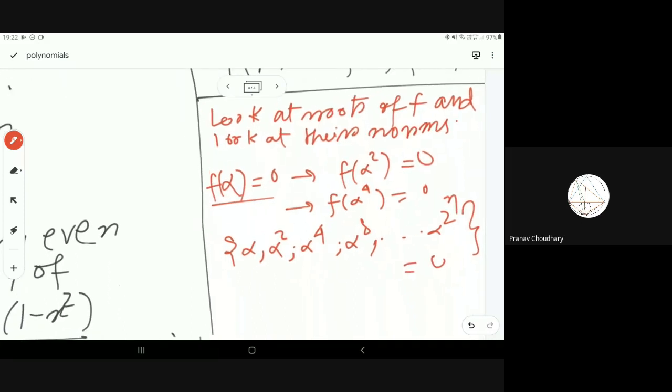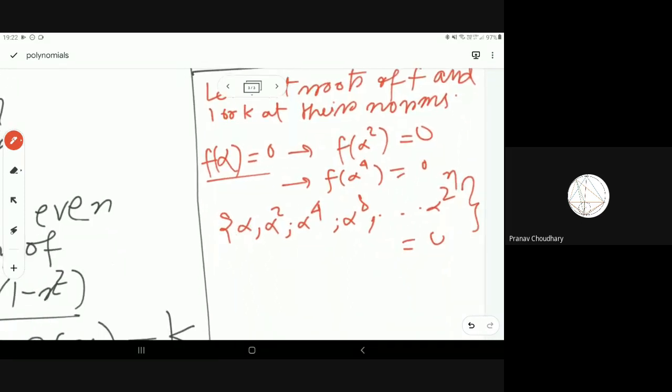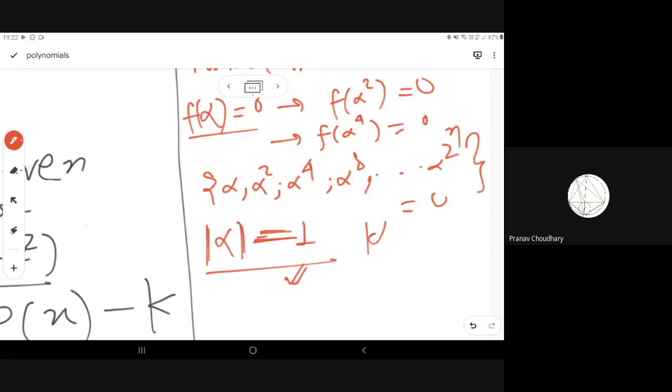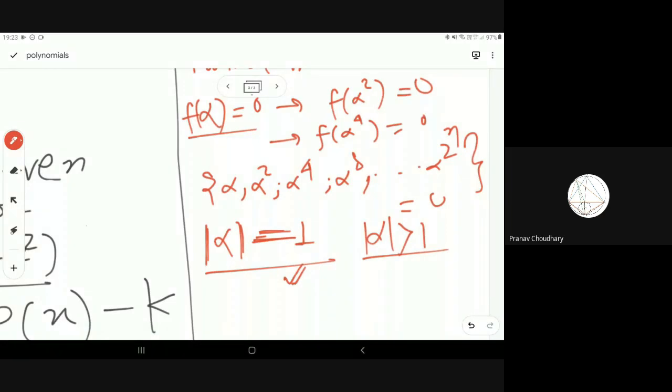But f can only have finitely many zeros. So this basically tells you that the norm of alpha equals 1 is the only possible choice. Otherwise, if alpha's absolute value is more than 1, then it's an increasing sequence of norms, so again infinitely many roots, and if it's less than 1, then the norms are strictly decreasing, and again you have infinitely many roots.